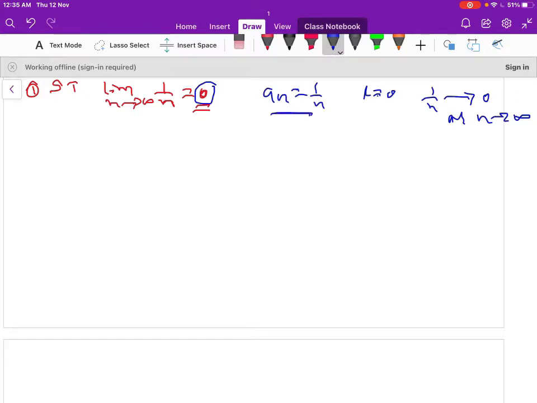Now let a_n is equal to 1 by n and here l is equal to 0. You know the definition of the convergence of a sequence.